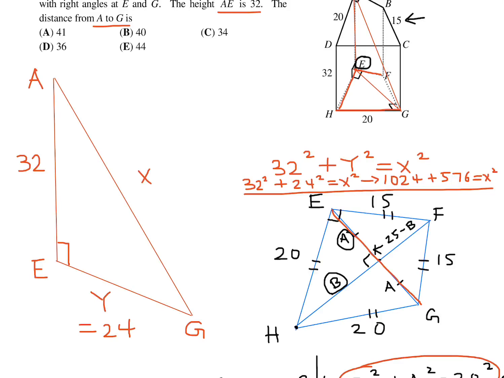And if you solve for this, you will get 1600, x squared that is, and finally x is equal to 40. And that x represents the length from A to G, which is what the question is asking. So the answer to this is B.